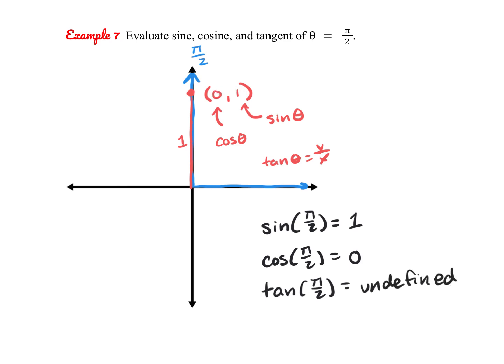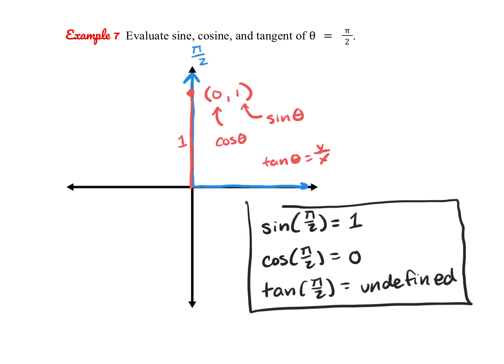We will come across these undefined values, and when we start graphing these functions, you'll see that tangent, because it has undefined values, will actually have vertical asymptotes. So we're going to see asymptotes again this chapter. But for tangent, it is not uncommon to have undefined values.